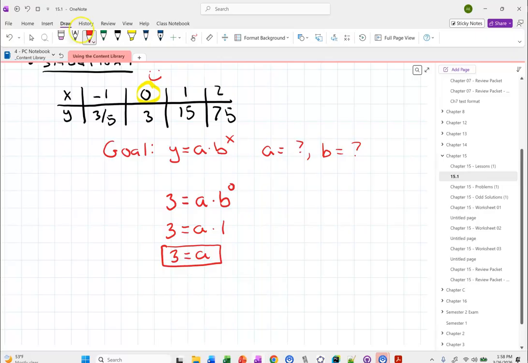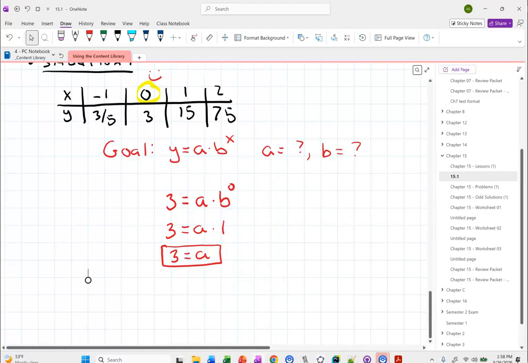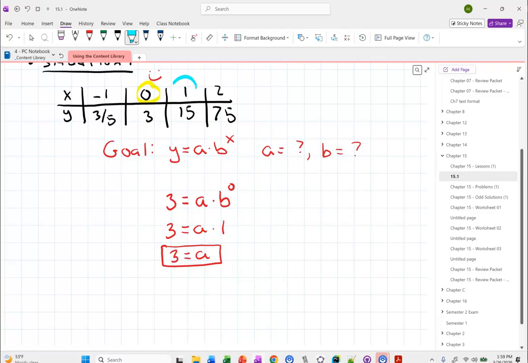Now, what I'm going to do is pick a second point. Does it matter which the second point is? No. But I'm going to pick the one that's going to be the most convenient. If I have x equals 1, that's the one that I'm going to use. So I'm plugging in the point (1, 15) into x and y, and my answer for a into a.